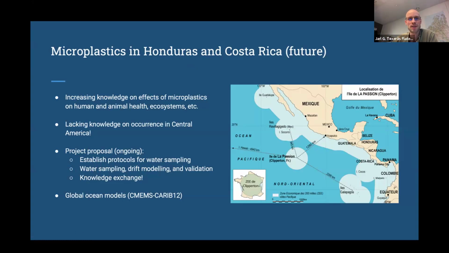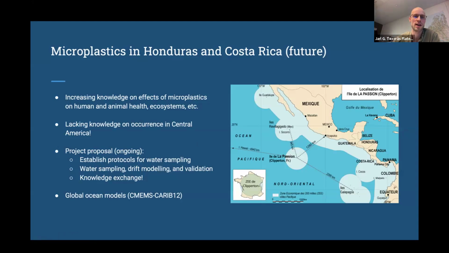There's an increasing knowledge of how microplastics affect human health, animal health, and ecosystems. And we need tools and protocols to gather relevant data in all places in the world, really, to understand and mitigate the impact.